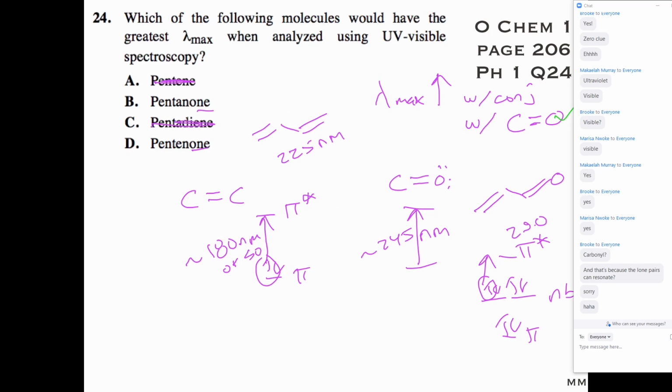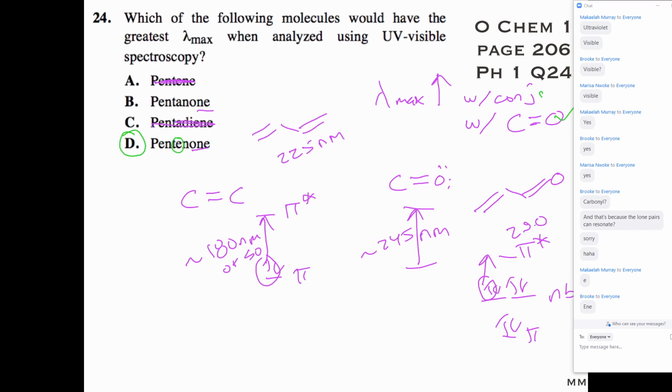So tell me, back to this, carbonyls beat non-carbonyls, and then which one has conjugation, the enol or the enone? The enone. Perfect. I didn't draw the structures out, mostly because I wanted to really focus on the UV part.